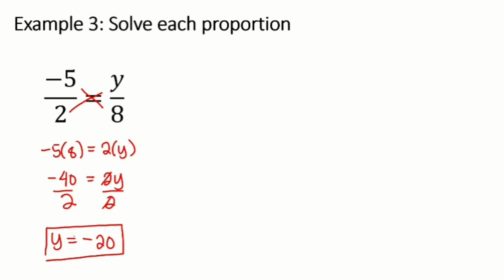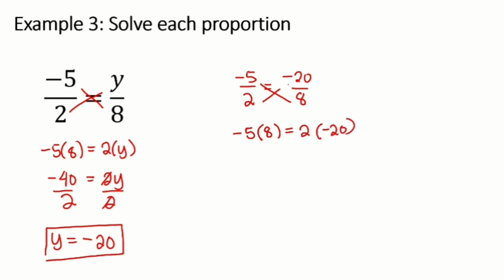After this, we have to check if this will produce a true proportion by substituting the value we obtained here in our original equation. So from negative 5 all over 2 is equal to the value of y we obtained, that is negative 20 all over 8. So apply cross product. We have negative 5 multiplied to 8 is equal to 2 times negative 20.